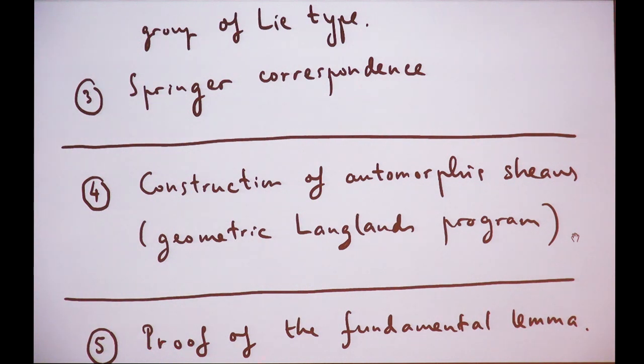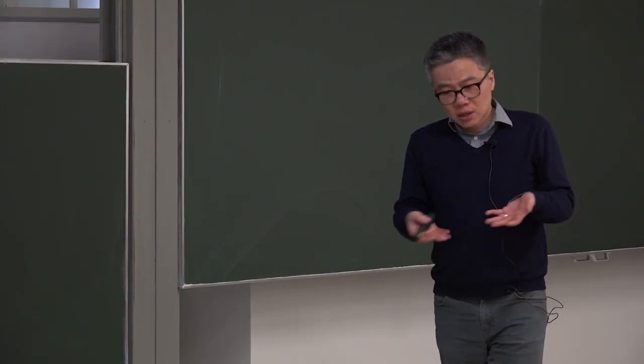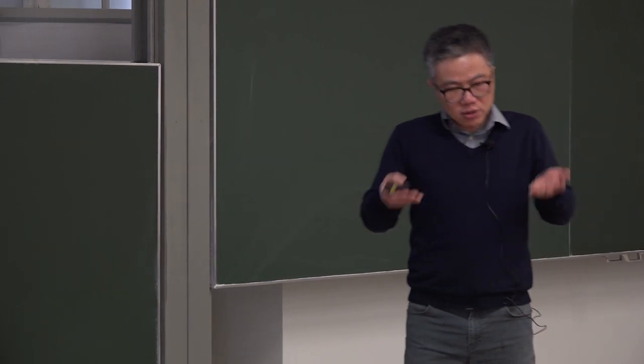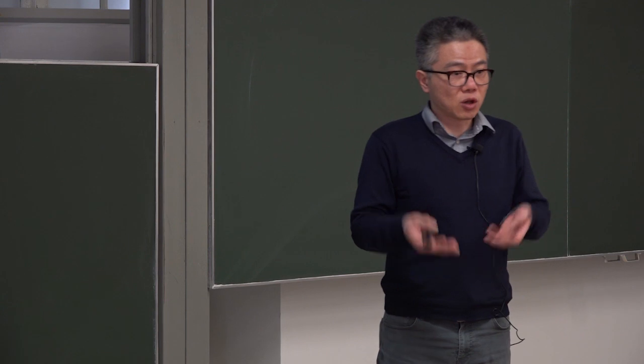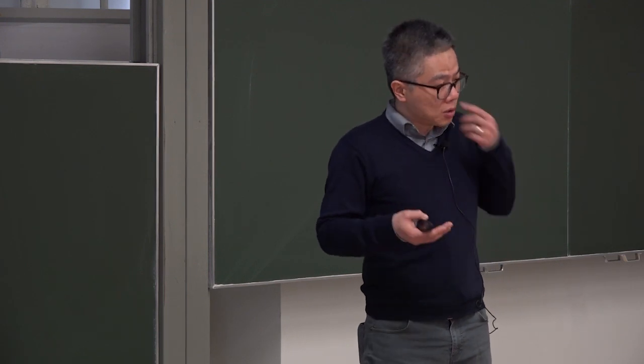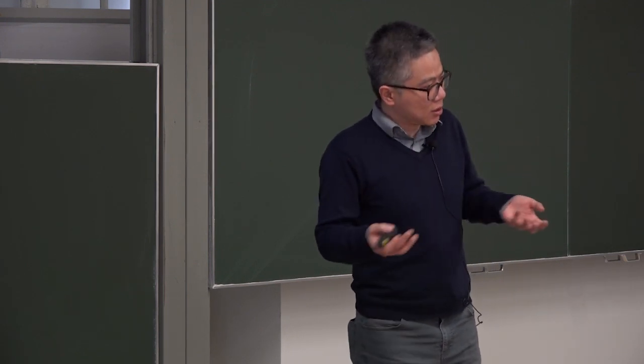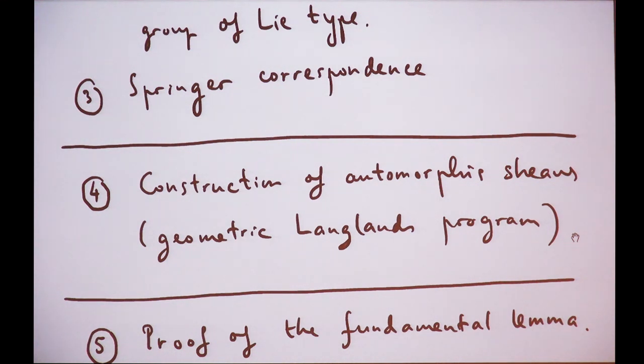And also my contribution is using perverse sheaves to prove the fundamental lemma. I'm not going to explain it today because the statement takes some time to explain, but at the end of the day, it is just one integral equal to another integral. They are very complicated integrals, and at first sight there's no easy way to see how they are related, but they end up being equal.